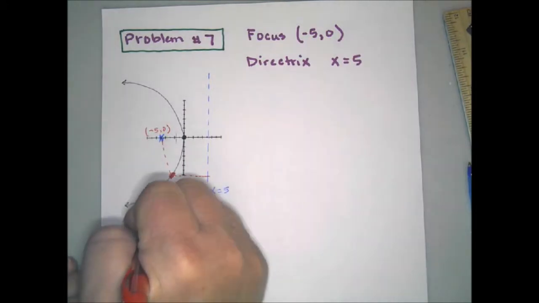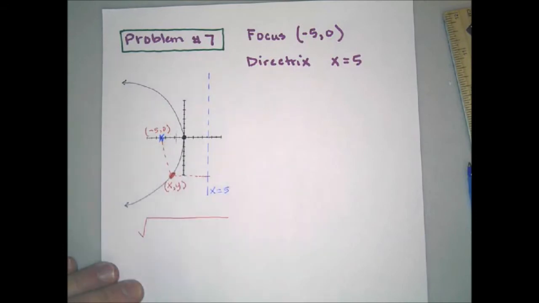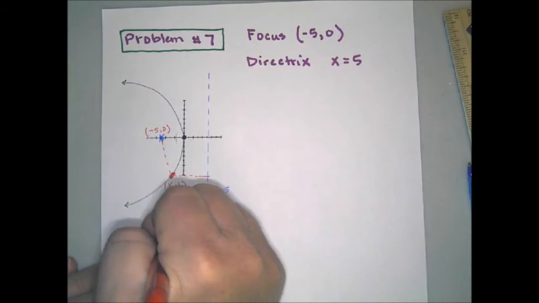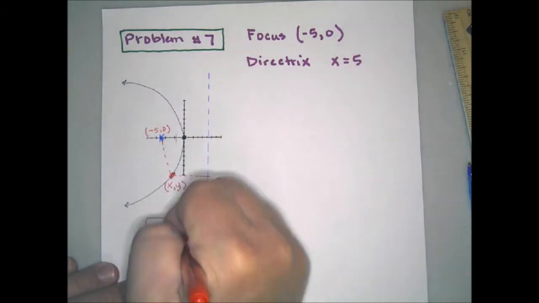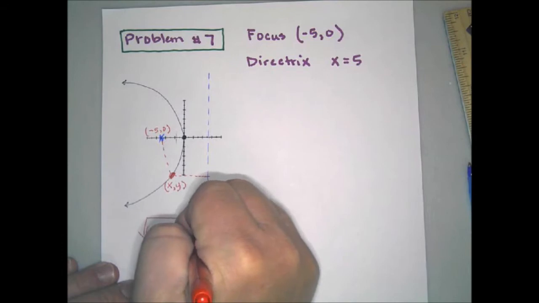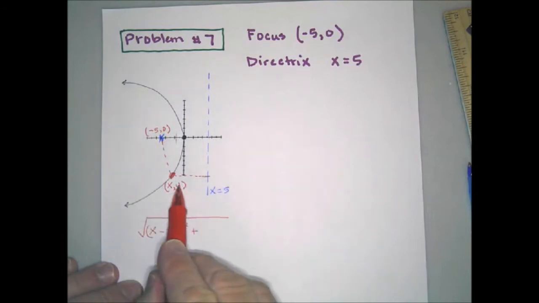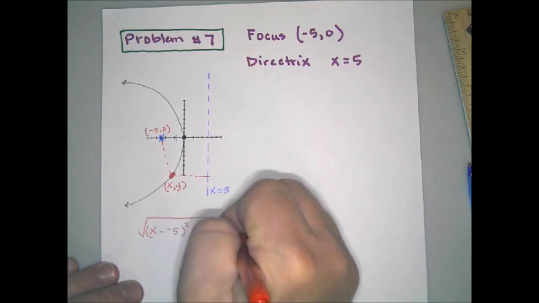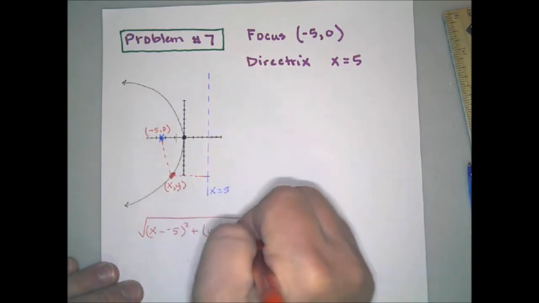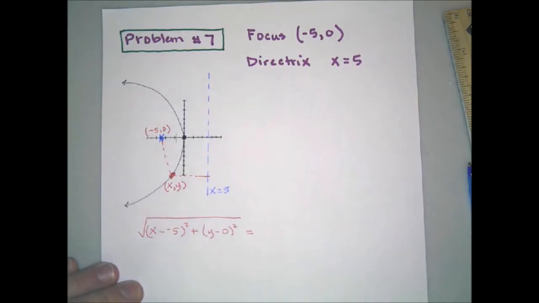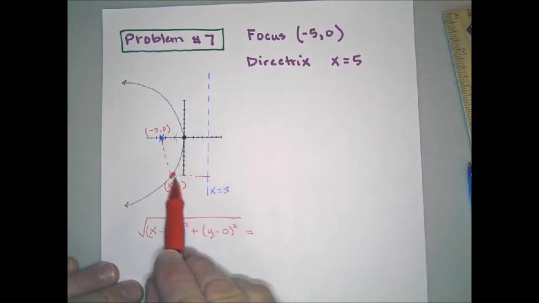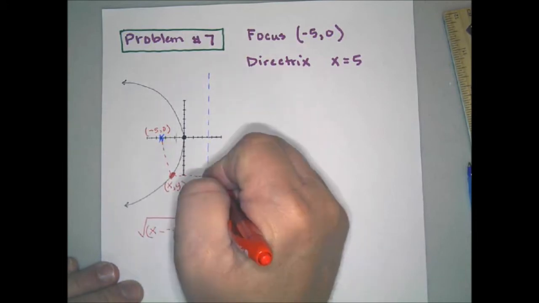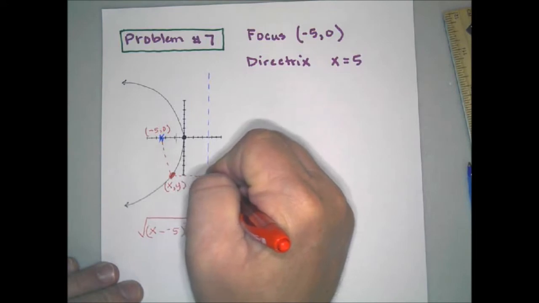So I've got square root x minus 5 squared plus y minus 0 quantity squared equals, now let's go the other way, x minus 5, because now we have to think of what would that point be right there.